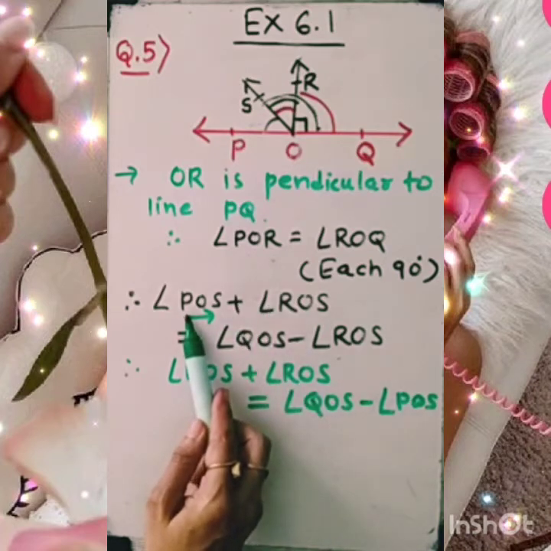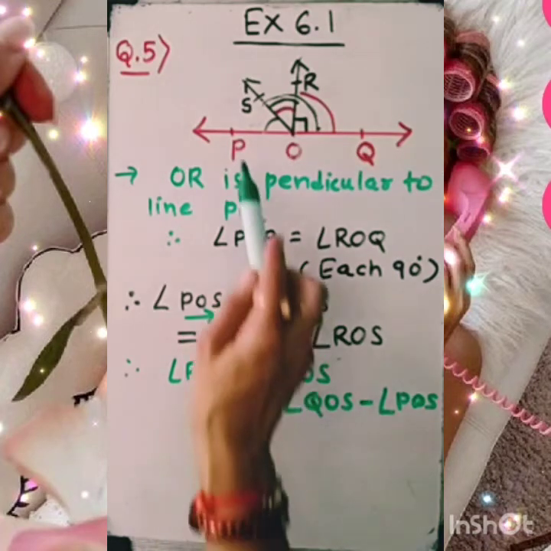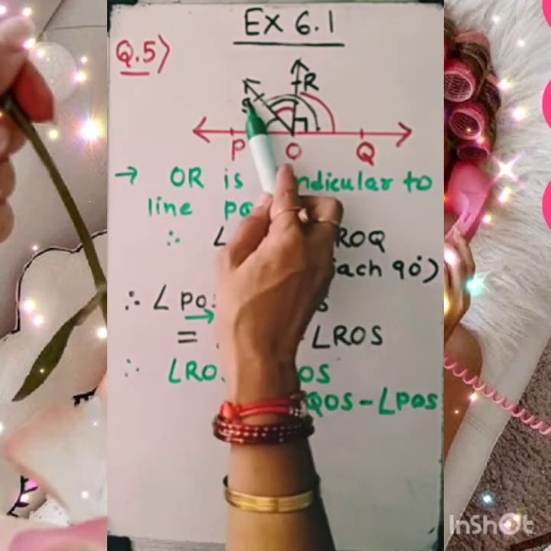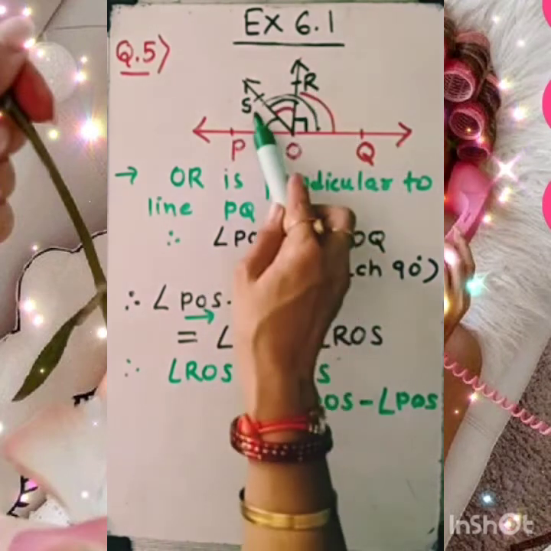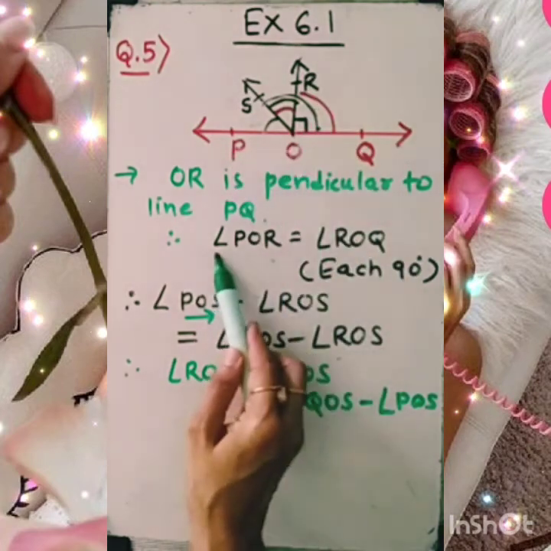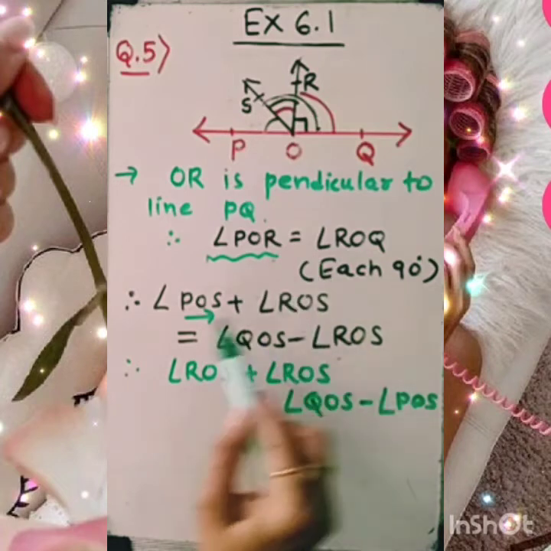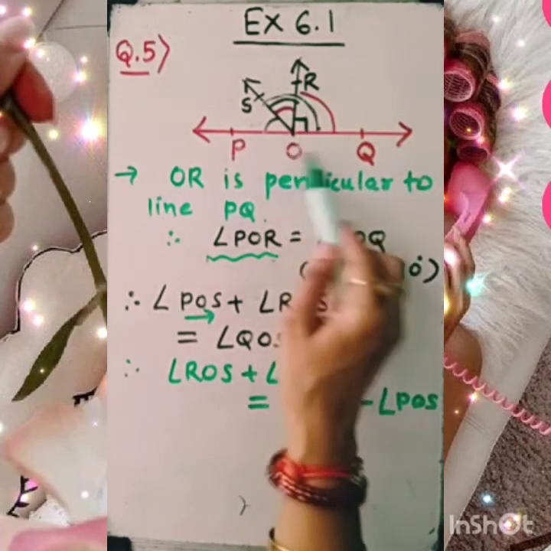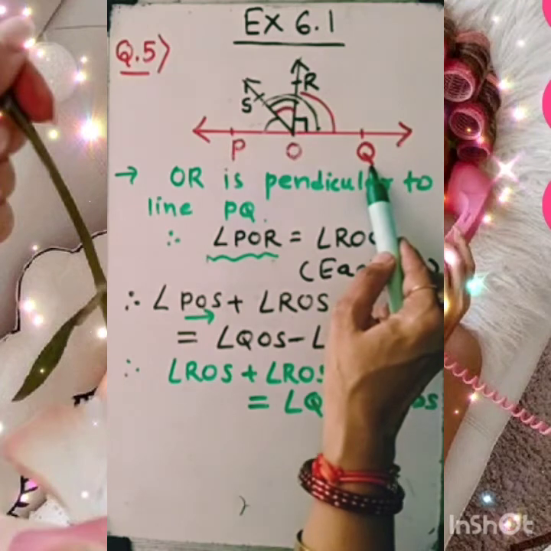Means what I have done here, angle POS plus angle ROS becomes POR. Actually angle POR is the sum of these two angles, and angle ROQ. How can we get ROQ?